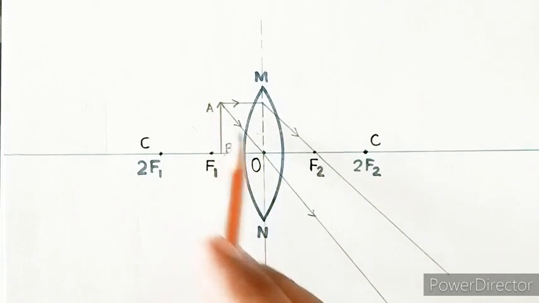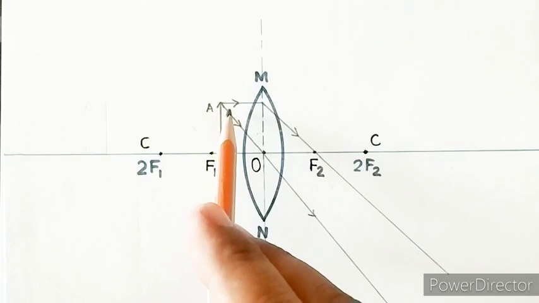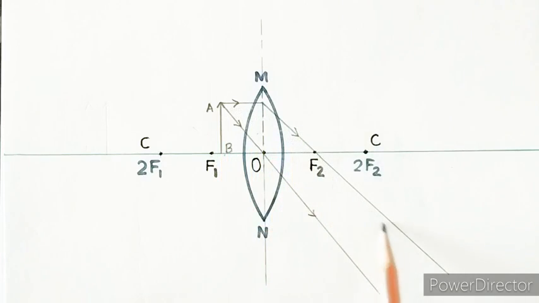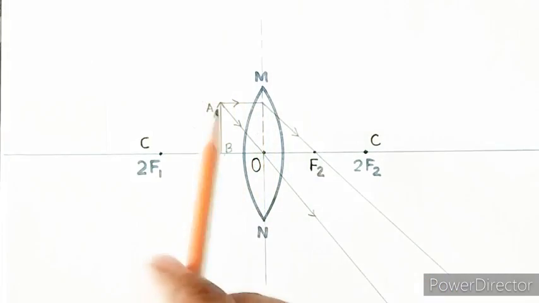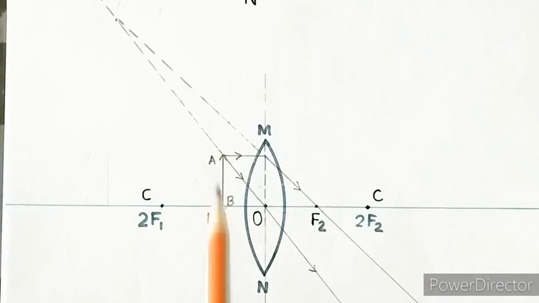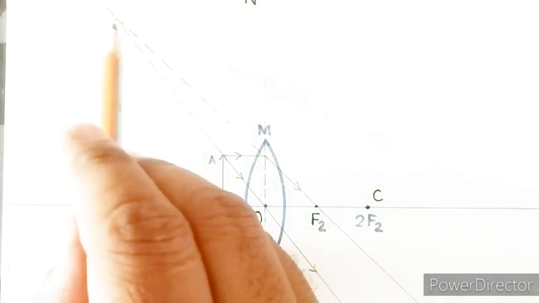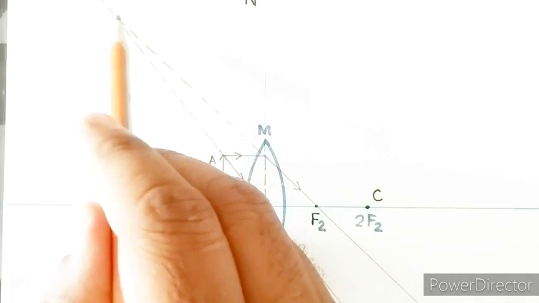But after drawing this, you see that they are not going to meet because they are diverging. They are neither parallel nor converging, but diverging. So they will never meet on this side. So we have to extend them backward, and when I extend them backward, they appear to meet here at this point.